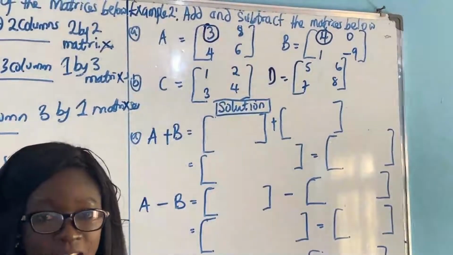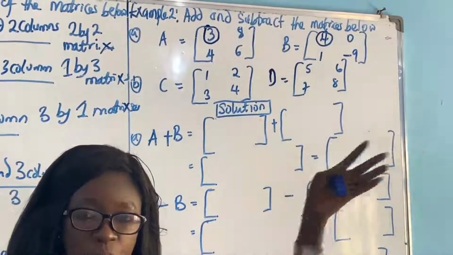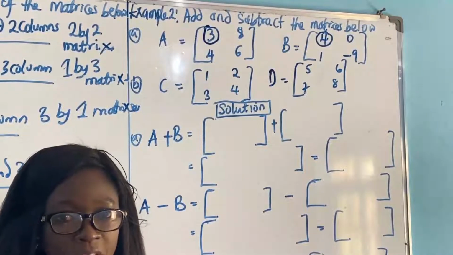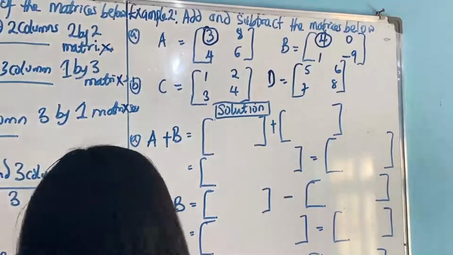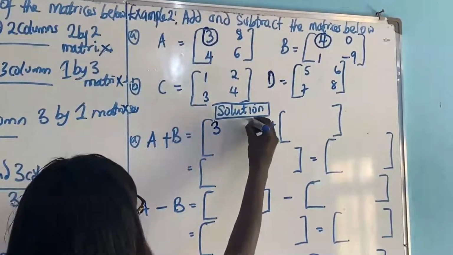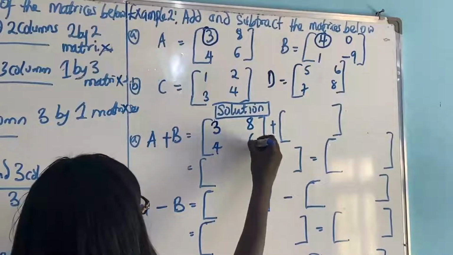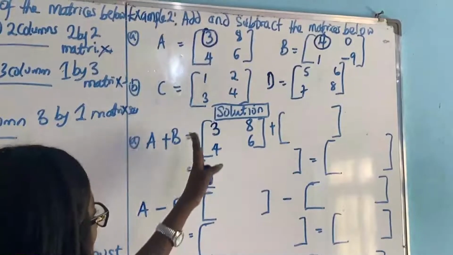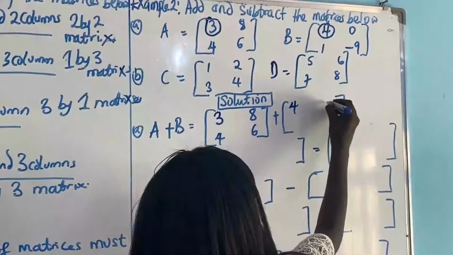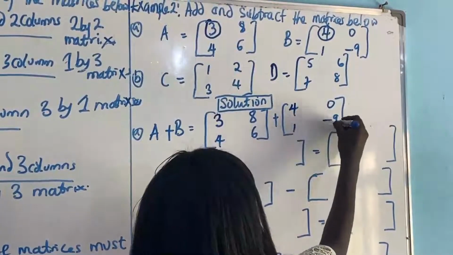So you add row 1, column 1. The next one, you pick the value or the item in row 1, column 1. That's what this statement is trying to say. So I have matrix A. This is 3, 8, 4, 6. So you see they are represented in a rectangular arrangement. And here I have 4, 0, 1, minus 9.